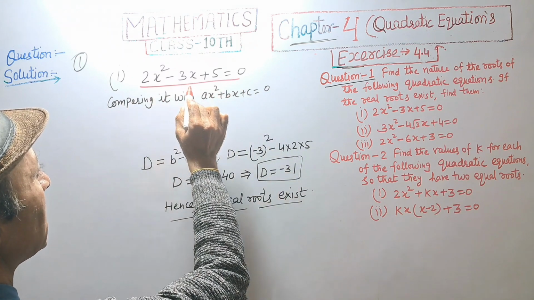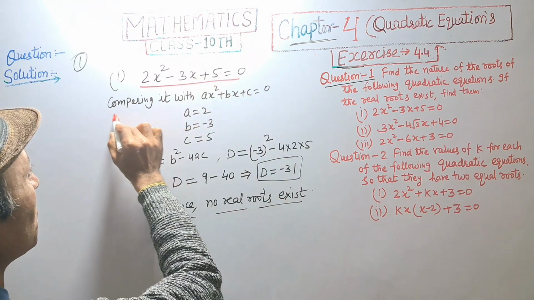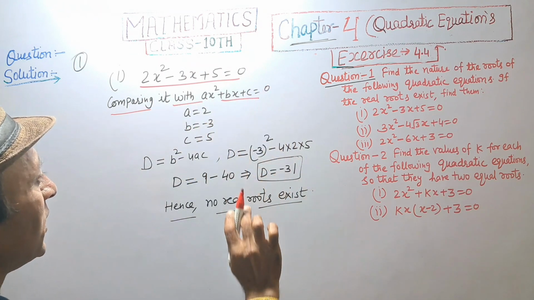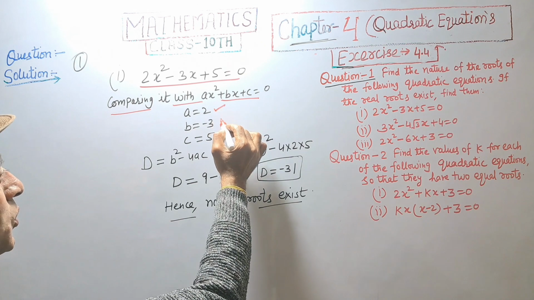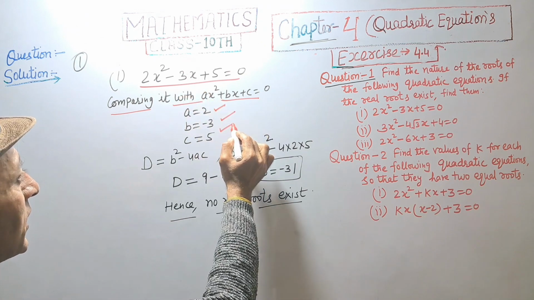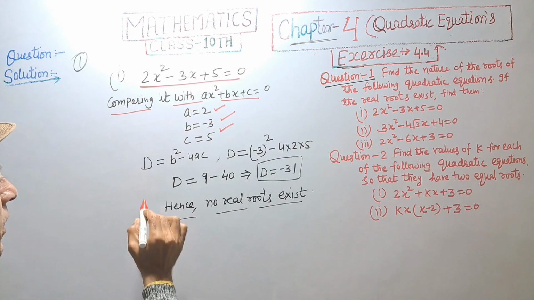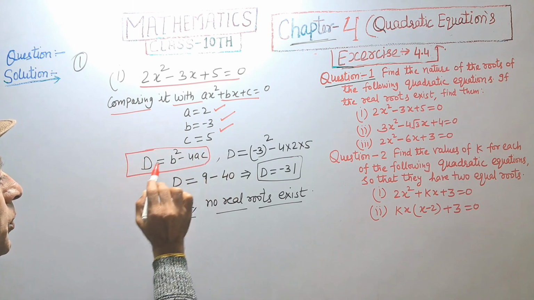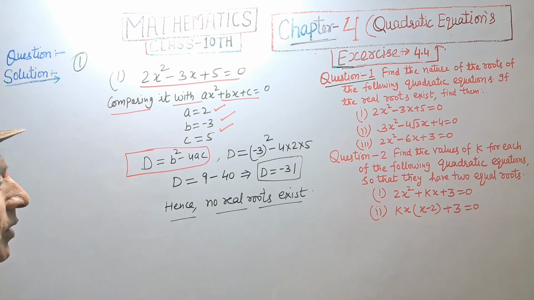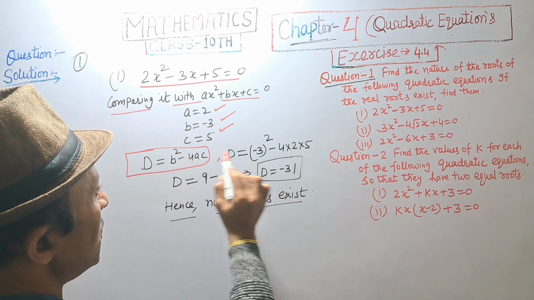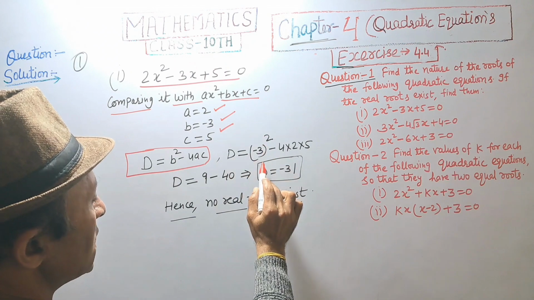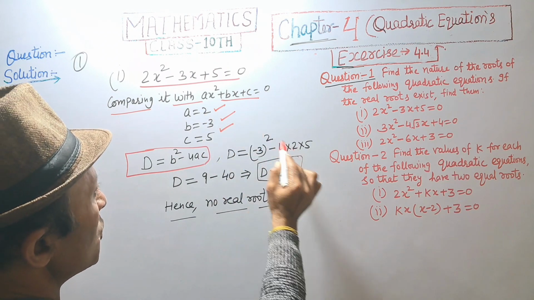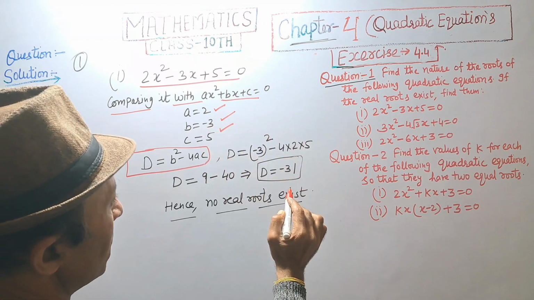Given 2x square minus 3x plus 5 equal to 0, comparing it with ax square plus bx plus c equal to 0, a is equal to 2, b is equal to minus 3 and c equal to 5. First of all, discriminant is equal to b square minus 4ac. Putting the values, b is minus 3 raised to power 2 minus 4 into a is 2 into c is 5.